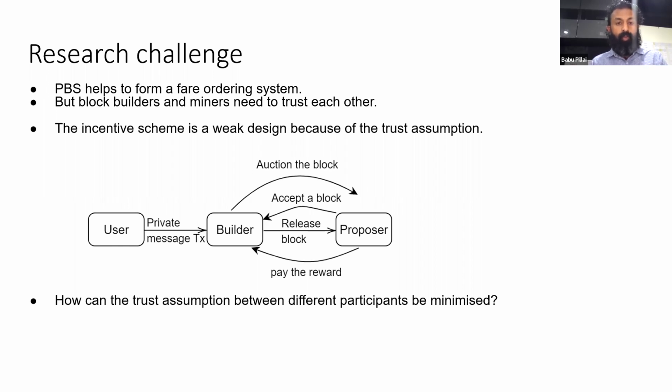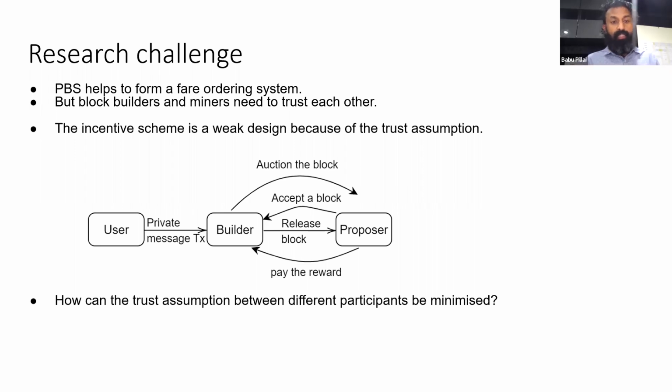Now the proposer will say, okay, yes, I will take that block, and there is a reward for the builder to give the proposer a good block. Once the proposer accepts the block, the builder will release the body to the proposer, and the proposer will propose that block, and then the reward will be paid back to the builder.